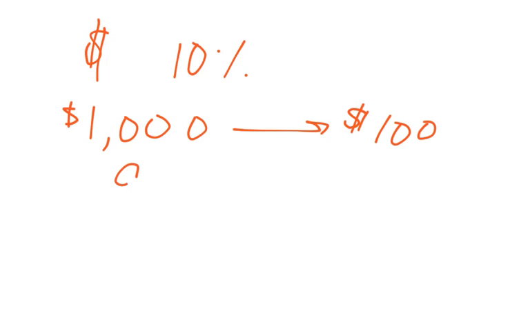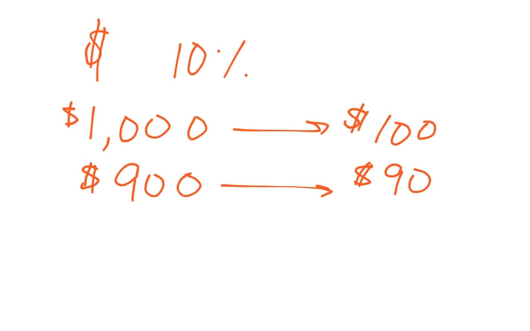That means my new value is $900. Again, I would take 10% of this, and instead of going down like it did in the first year by 100, it's still going to keep decreasing, but at 10% again, now it's going to be worth $90 less than before, giving me $810.